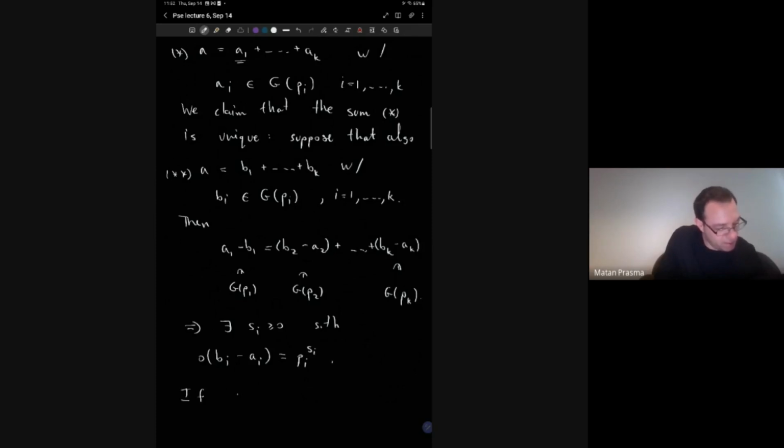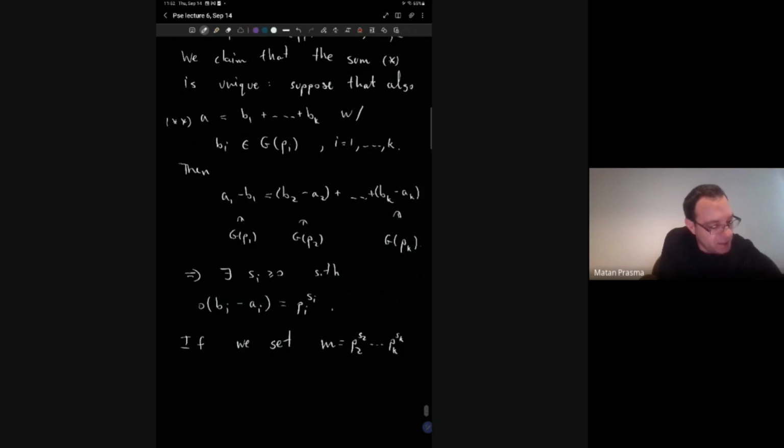If we take M to be the tail of this decomposition, so P2 to the S2 up to PK to the SK.